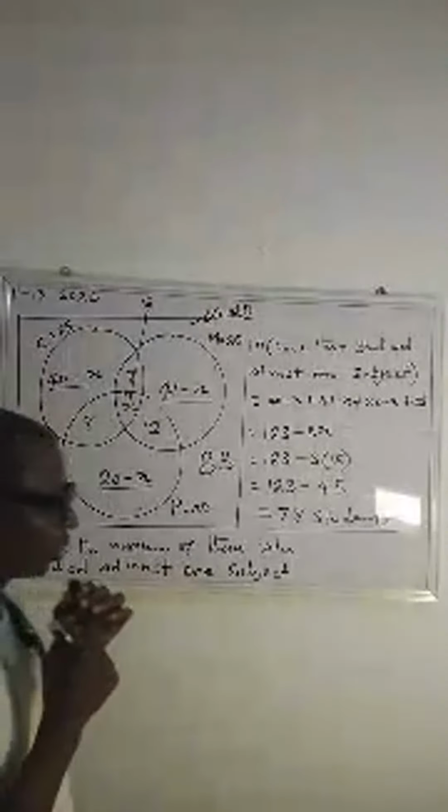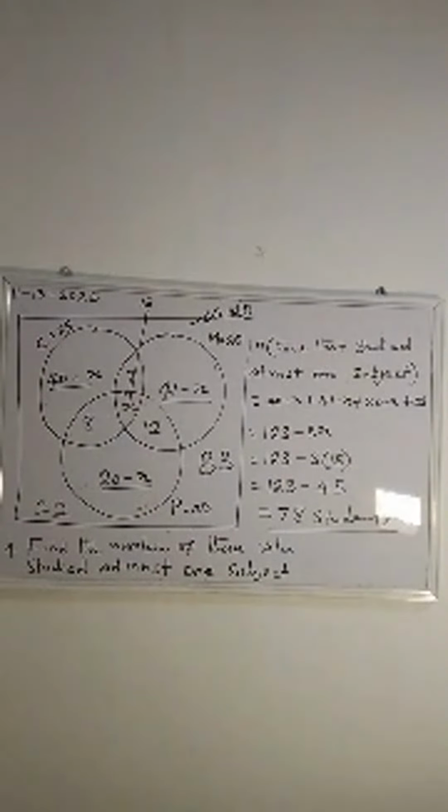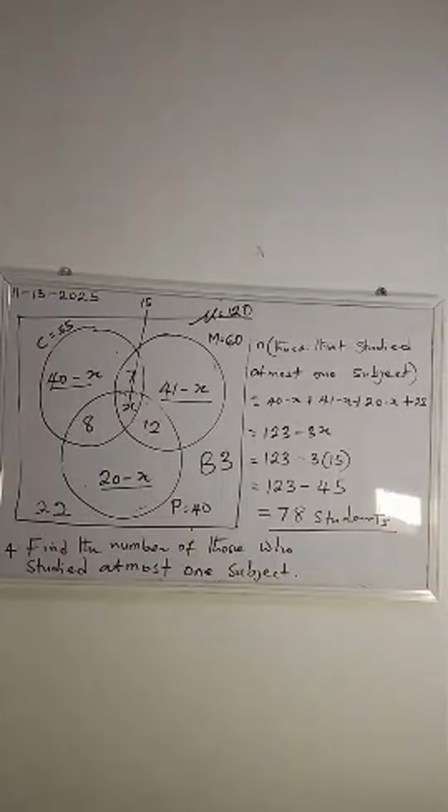So that is the solution to that problem. Is there anybody that got the answer? Let me quickly check. 78. I think Shomide later dropped 78, and Adebayo, Patricia, that's very good. You can give it to yourself.